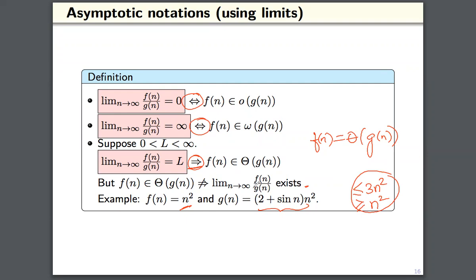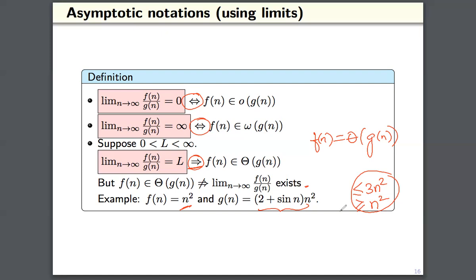However, let's think about the limits. What happens when n tends to infinity? Here, n squared and n squared cancel. What happens to sine of infinity? It keeps oscillating between positive and negative, between +1 and -1. It's not defined.